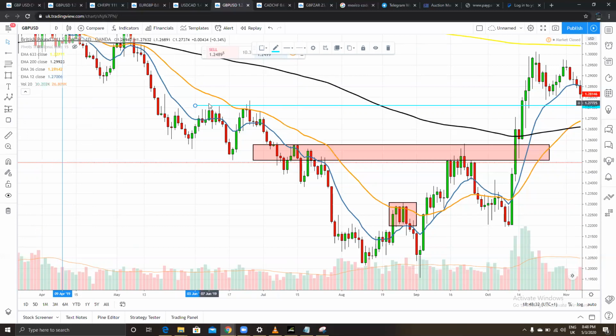Just because price managed to go above here on this particular candle, create that fake out, and then the selling continues. But the key is there's a wide gap between the 12 EMA and the 36 EMA.